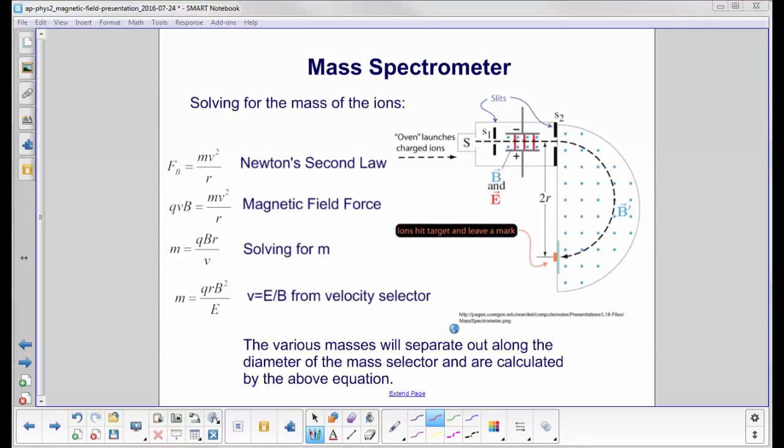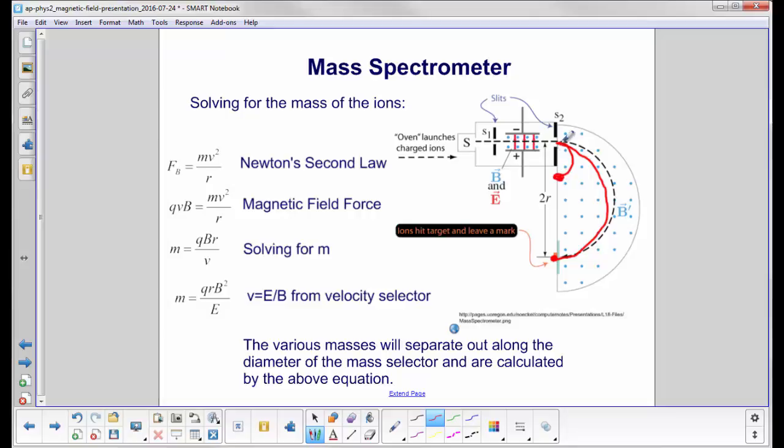Now it's time to solve for the mass of the ions. So let's just talk about the general concept here. We think that a lighter ion, when it hits the magnetic field, the force from the magnetic field, since it's very much lighter, will probably create a tighter circle. A heavier mass will be harder to deflect. So we think it should take a longer time, longer distance before it hits here.